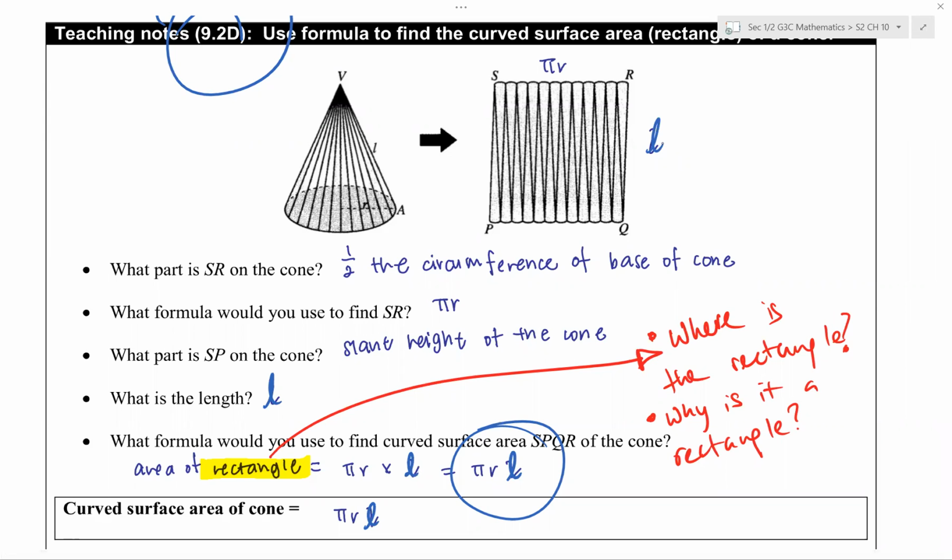person who created the notes say area of rectangle? Where's the rectangle? Anybody know where the rectangle is? Xuan, where's the rectangle?